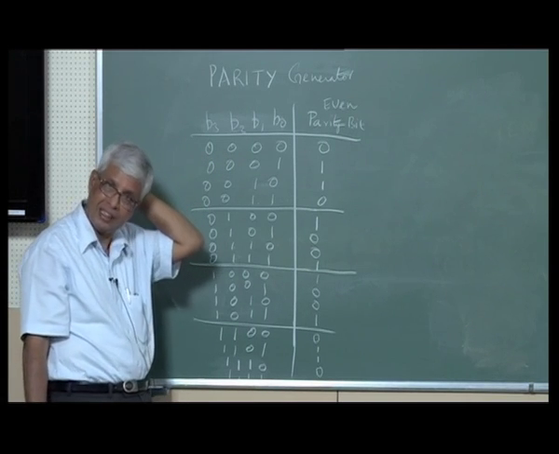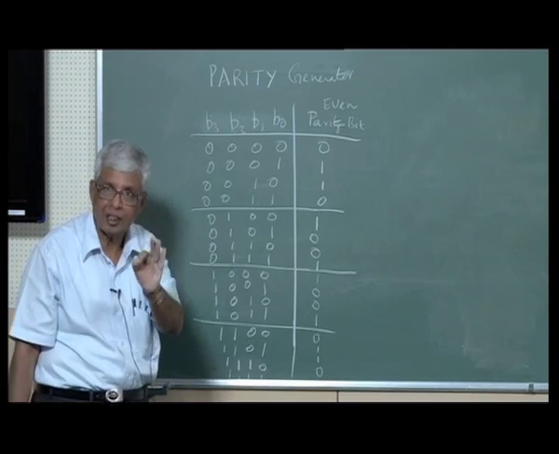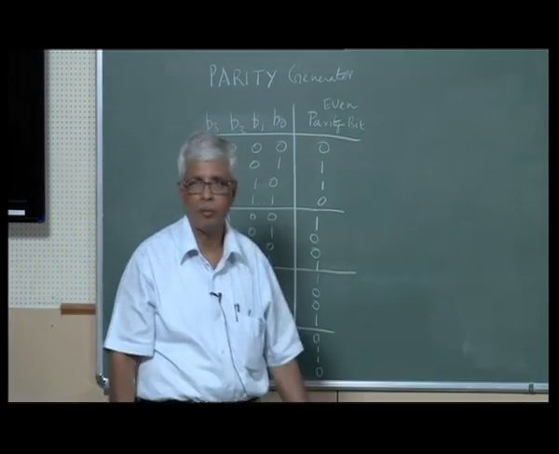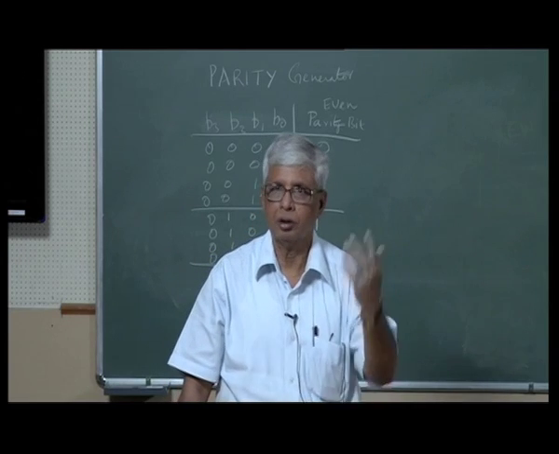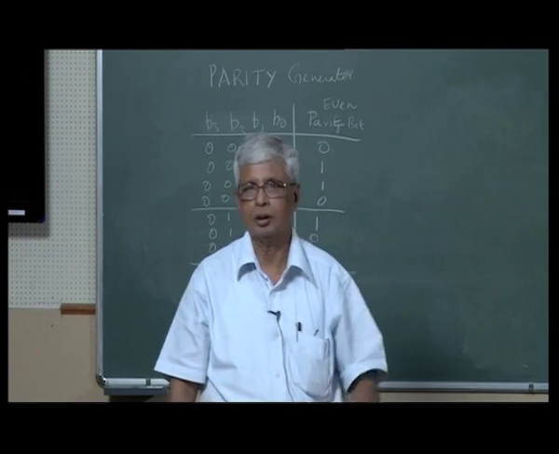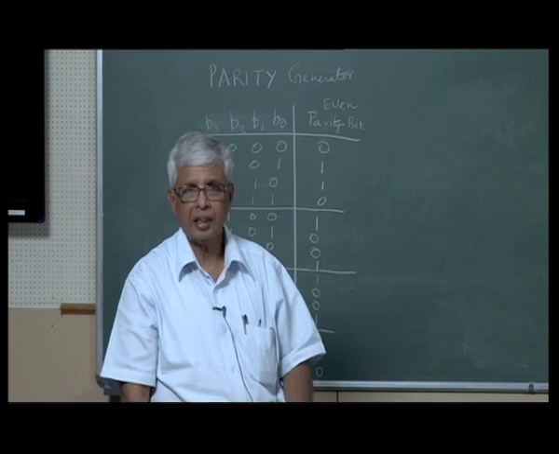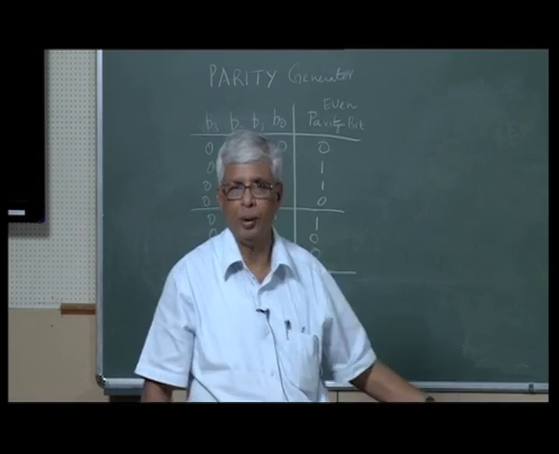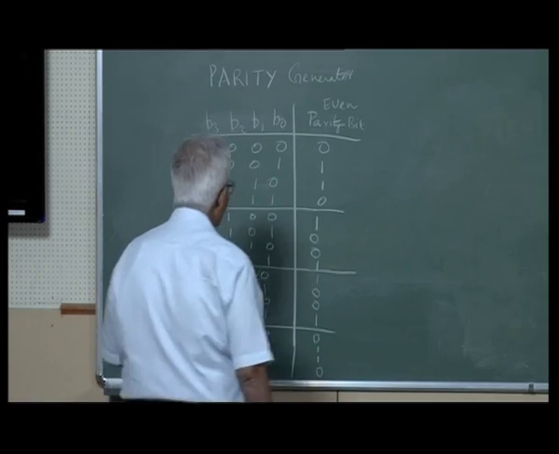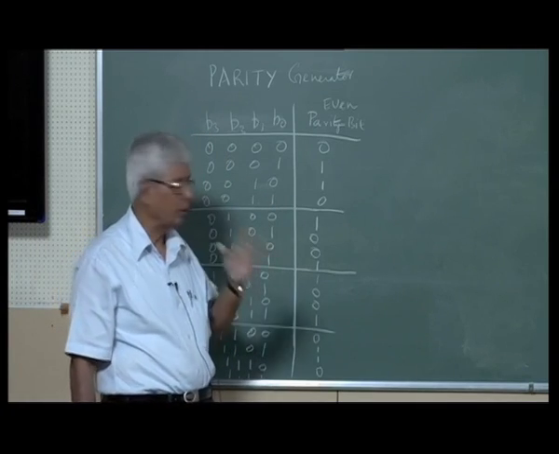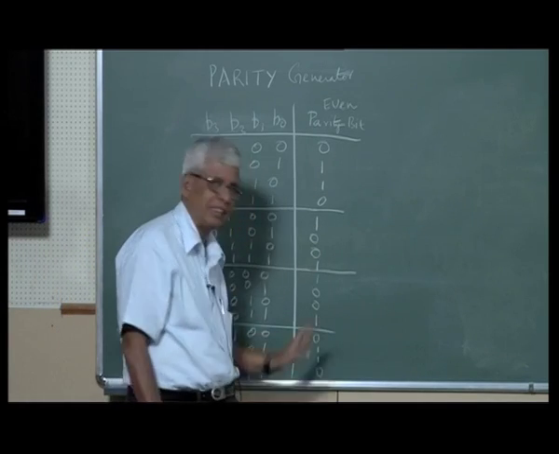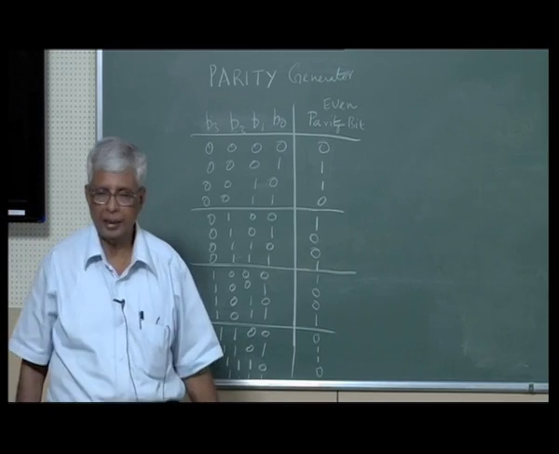Now the question is, what circuit using gates or multiplexers or decoders or encoders will generate this parity bit as required here? Design a circuit which will give you the parity as required.